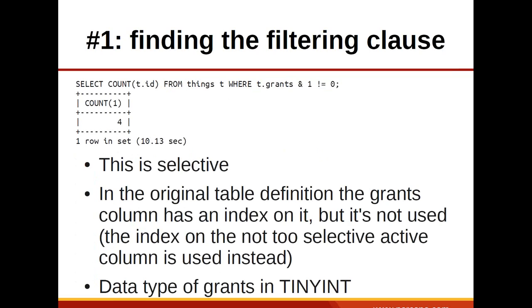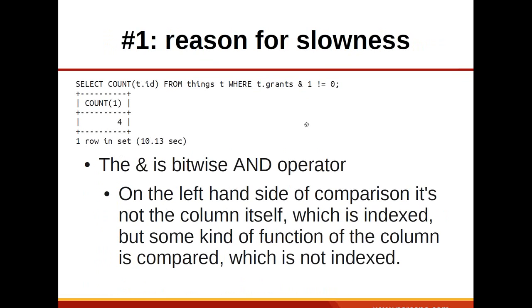Okay. In the original table definition, I can tell you that the grants column has an index on it, but this is not used, and the data type of grants is tinyint. So what is this? The ampersand operator is bitwise AND.